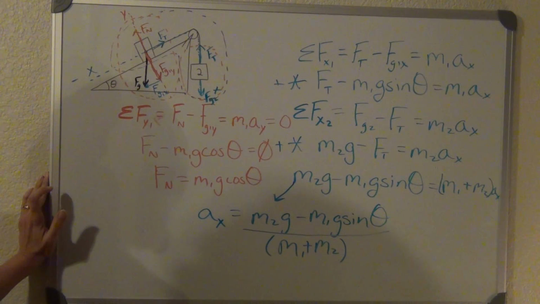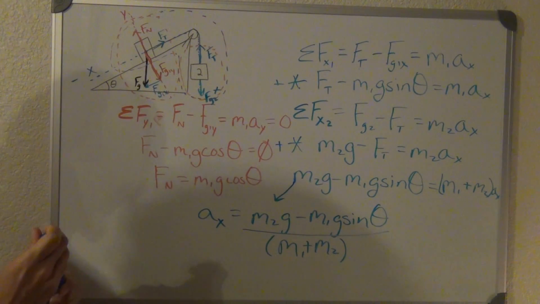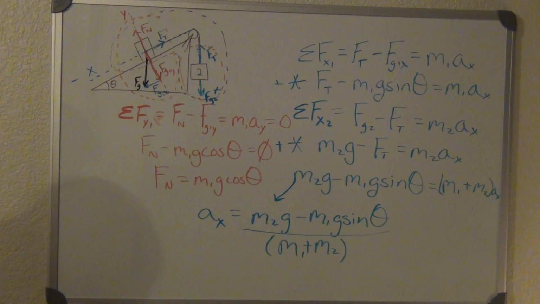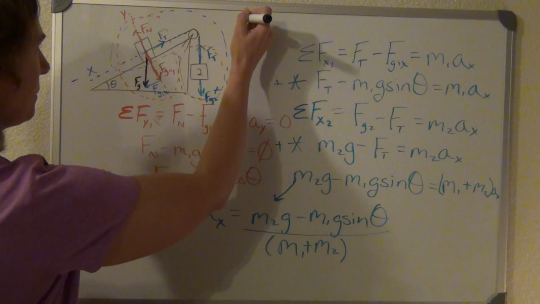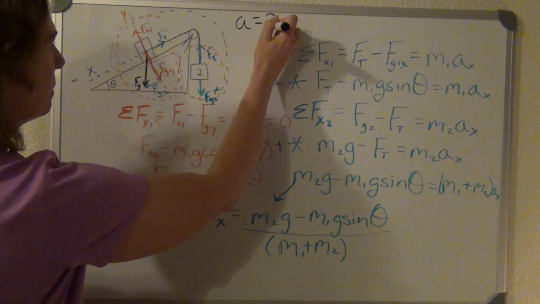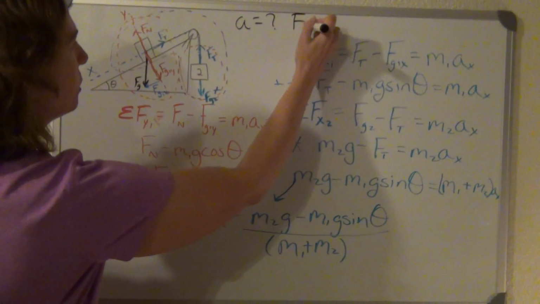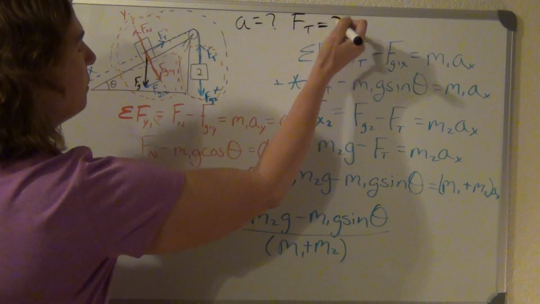Okay, I'm going to cut the video here and give you guys a set of numbers to put in, and I'm going to ask you guys to solve for acceleration and force of tension if you're given the following.